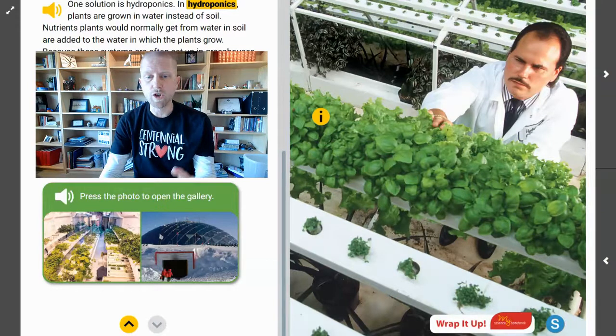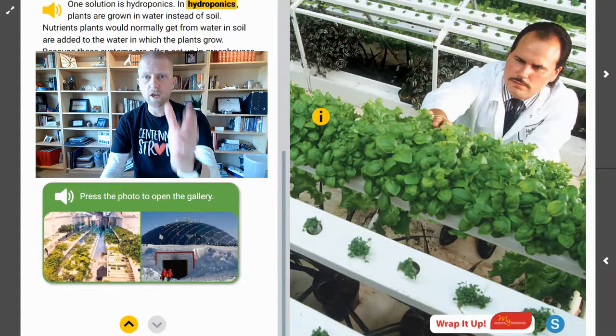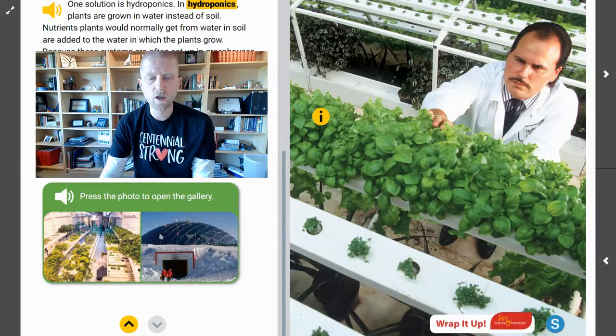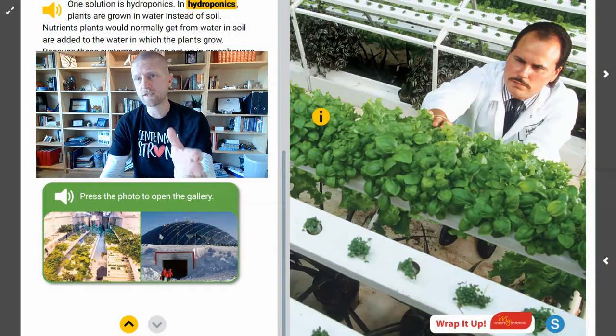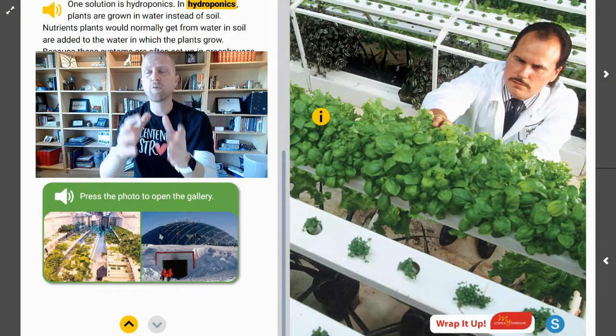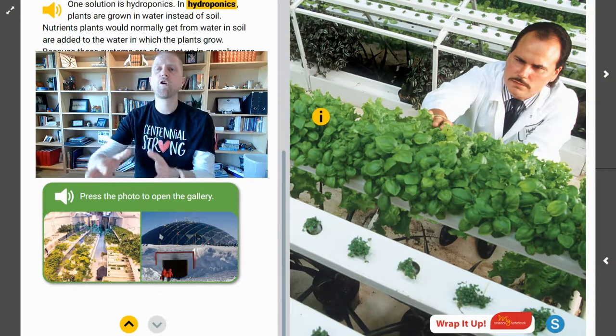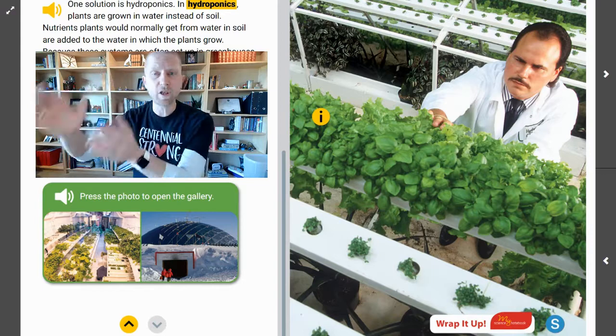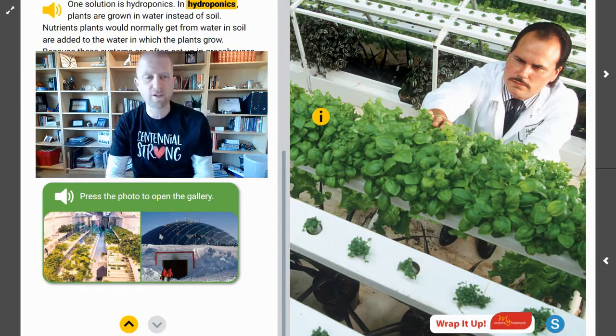So knowing all of this, what we are trying to figure out is, could a hydroponic system allow farmers and scientists on Earth to be prepared for the increase of 2 billion people over the next 30 years?